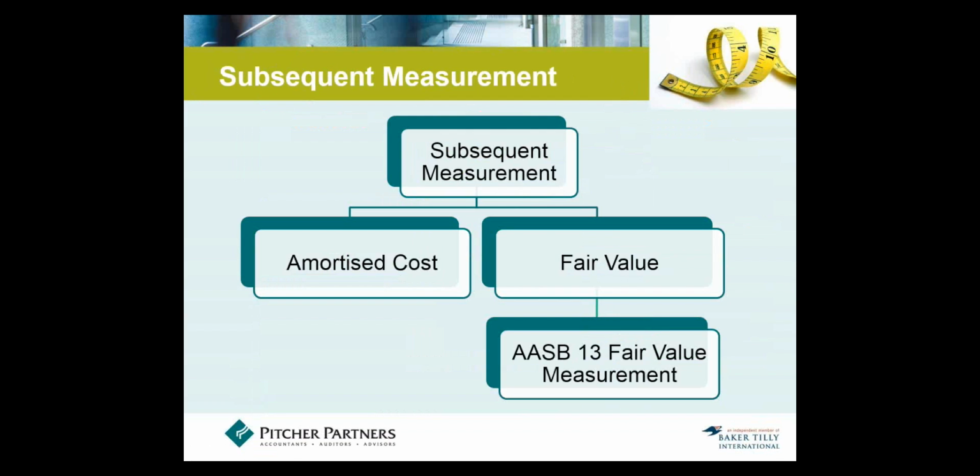So where do we get that fair value from? And you get the fair value from AASB 13 or IFRS 13, which talks about fair value measurement. Now in the old days, all of that fair value measurement was included in AASB 139, and now it is in a separate standard, AASB 13. So fair value, that is a separate discussion. I want to focus on the specific concept that we've got here, which is amortized cost.